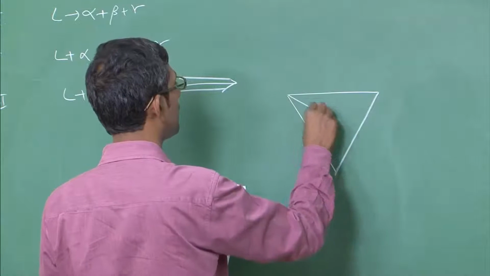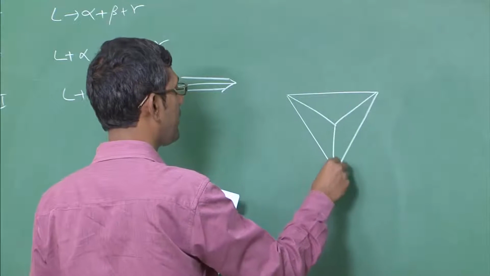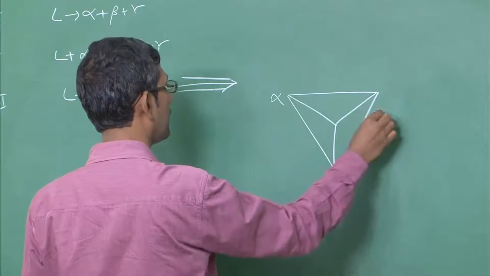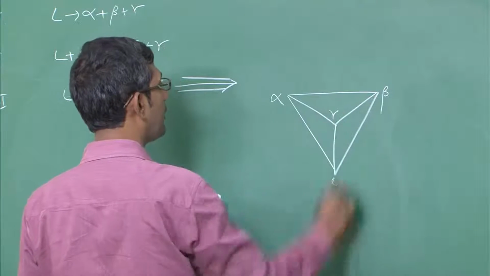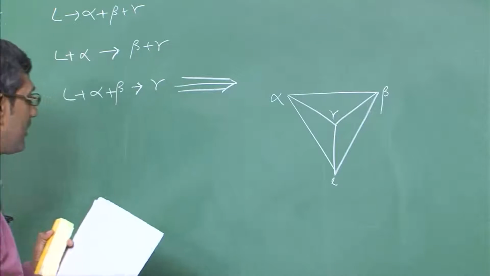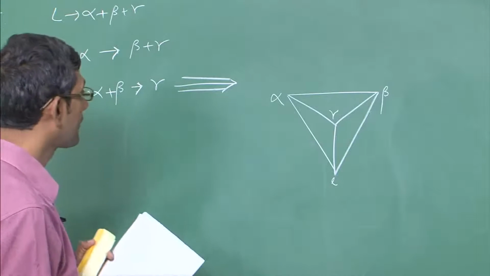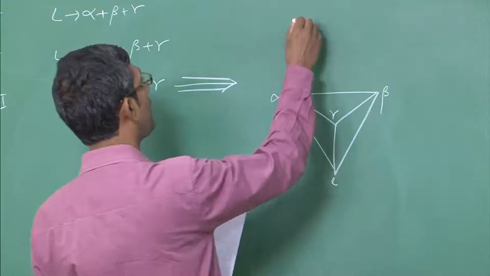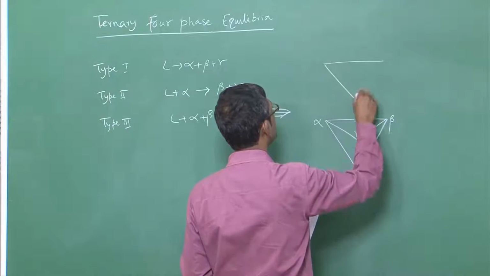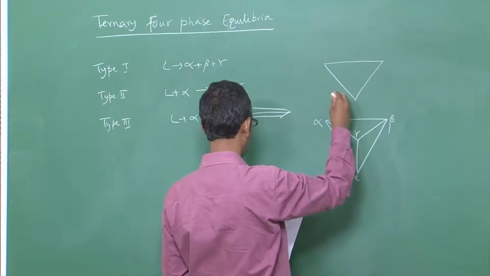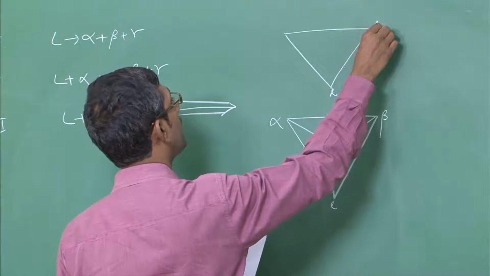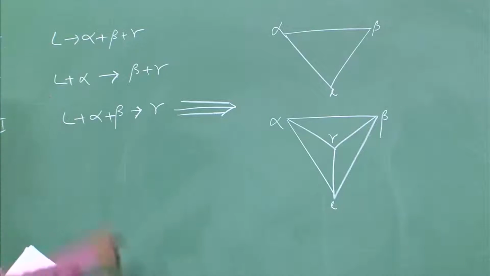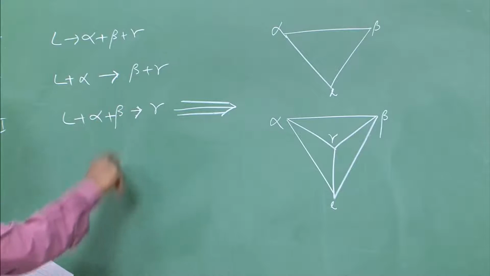This is an equilibrium between liquid, alpha, beta and gamma, but before this happens, it will be preceded by a 3-phase equilibrium between liquid, beta and alpha. That is obvious, because the reaction is liquid plus alpha plus beta going to gamma.